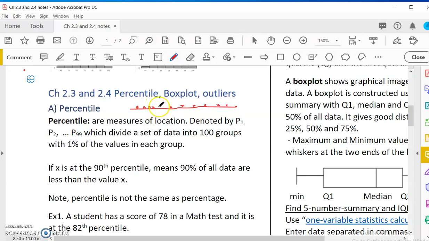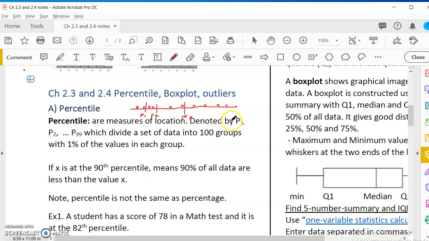Then we can cut them into groups. So this is the lowest 1%, lowest 2%, the lowest 3% is this number, and we call them percentiles. So this would be P1, P2, P3.